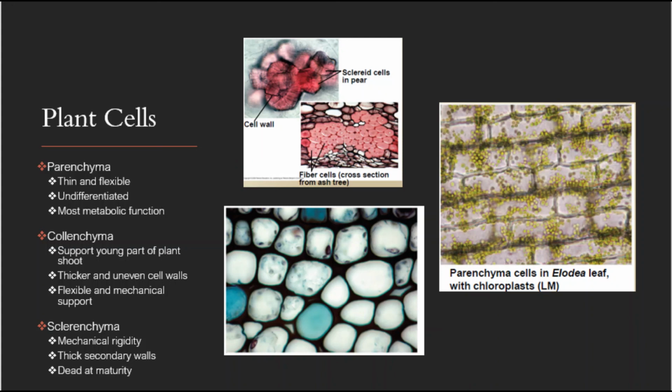So it grows and then it dies when it no longer needs to grow. And so an example of a sclerenchyma cell is a xylem cell, which moves fluid. And we need this to be really thick so that it can perform that. So sclerenchyma is very thick cells. They cannot grow and they're usually dead for mechanical rigidity.